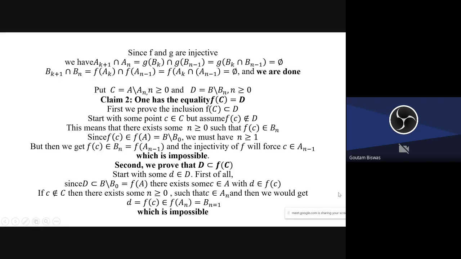Fa is there, so some C must exist so that D is equal to Fc. Fa, C is a point, this point where C belongs to C.